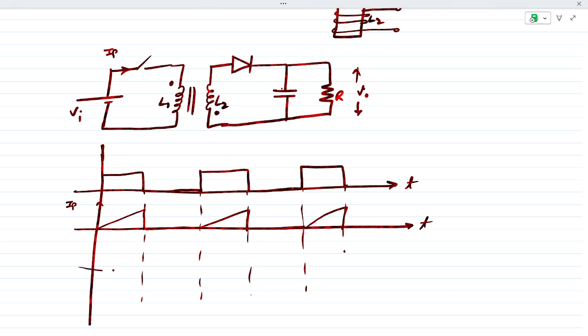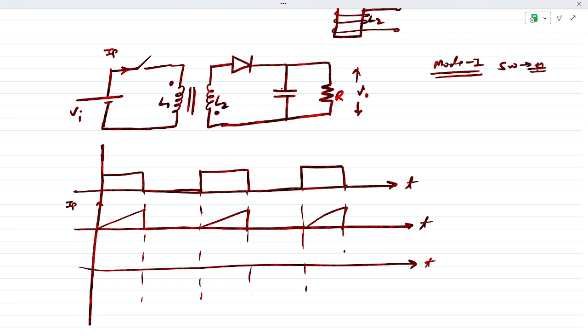Yes. Now let us see, there are two modes of operation. Mode one, when the switch is on, let's say this is L1 I am drawing here, and this is the orientation of winding. So when the switch is on, the voltage appearing across this L1 is like this.